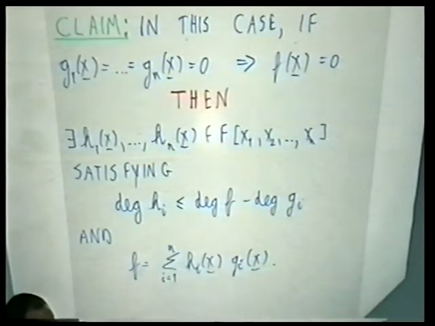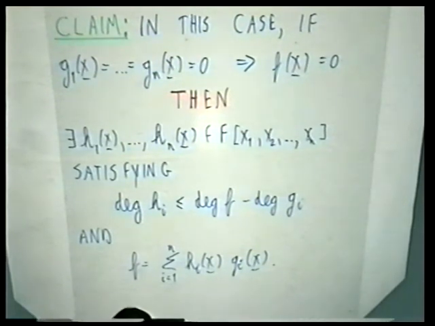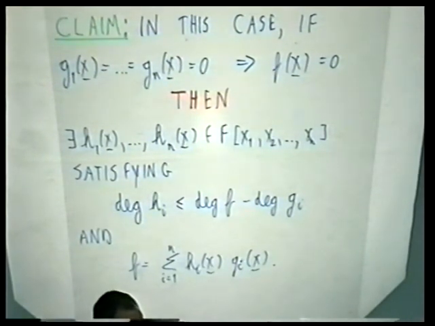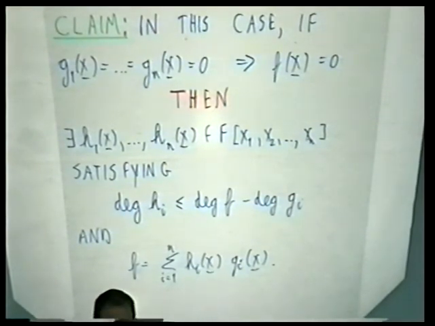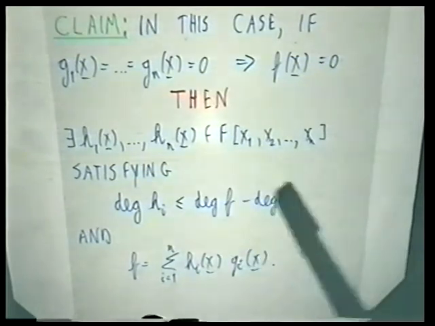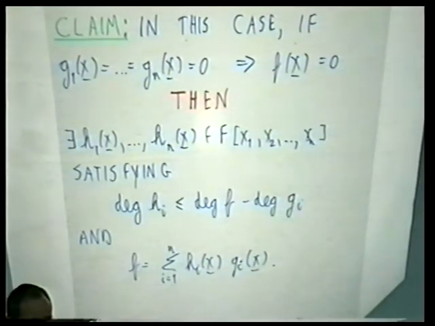And moreover, if we write f as a linear combination with polynomial coefficients of the generators of the ideal, then we can say something about the degrees of these coefficients. So in some sense, there are no cancellations here, or the degree is as low as you could hope that it would be.